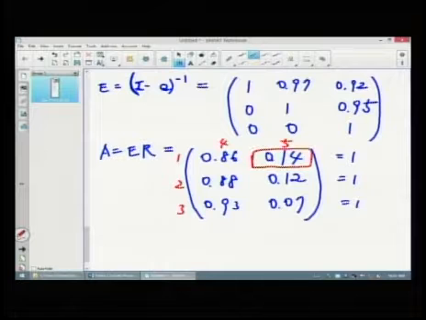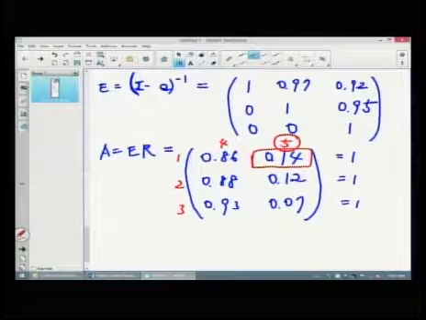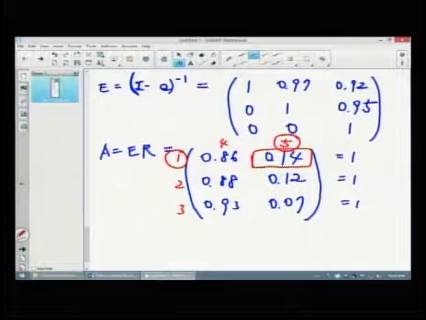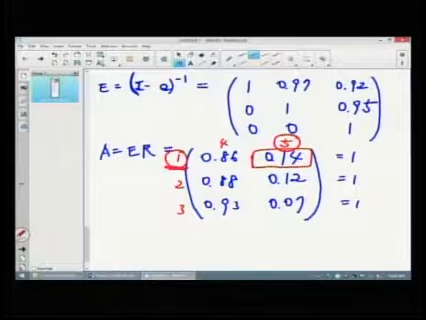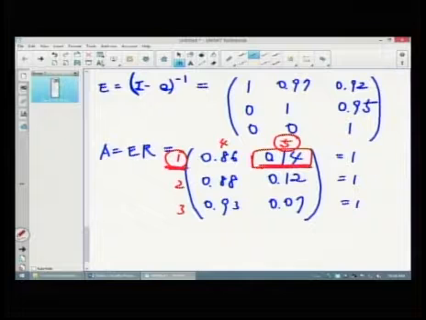Right, 14%. Is that correct? Because state number 5 represents the replaced. State number 1 is the new refrigerator. Starting from a new refrigerator, about 14% of them will be replaced. Make sense?